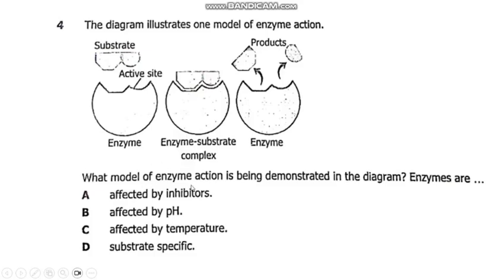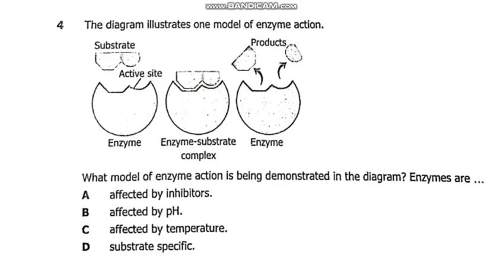What model of enzyme action is being demonstrated in the diagram? Enzymes are: A, affected by inhibitors; B, affected by pH; C, affected by temperature; D, substrate specific. So the correct answer is that enzymes are substrate specific.